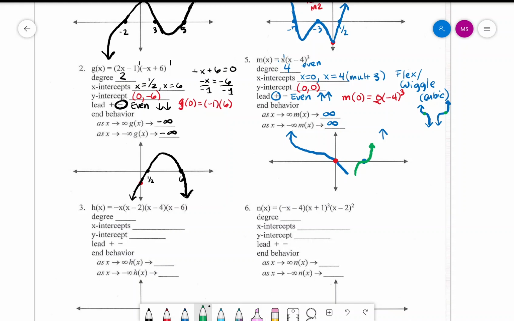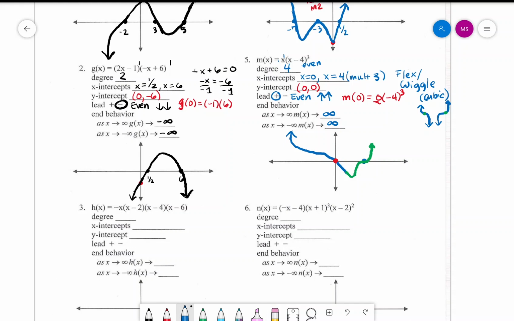In real terms, it wouldn't be so horizontal for so long in this section right in the middle. But because it is a sketch and because you want to show other people that it is a flex, that's the correct terminology, some people will accentuate that horizontalness in the middle. All right, that's number 5.